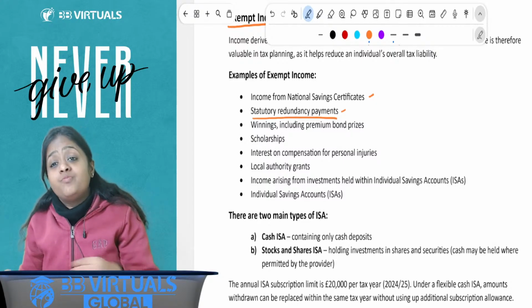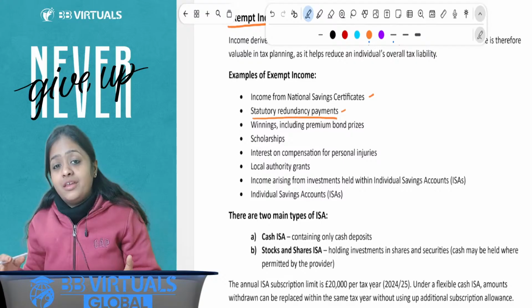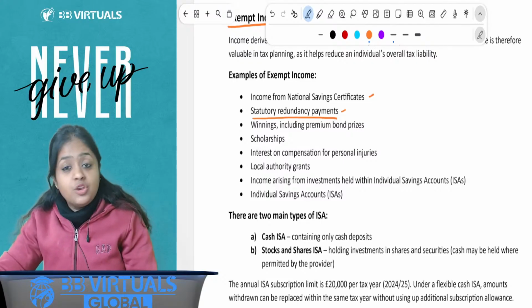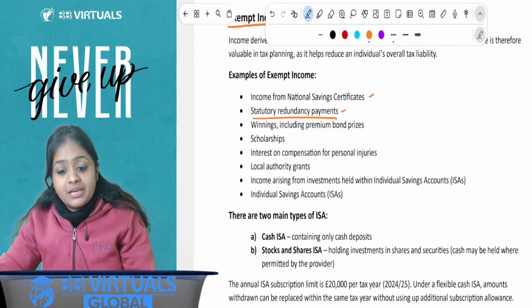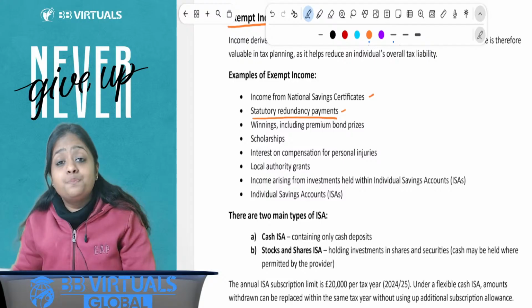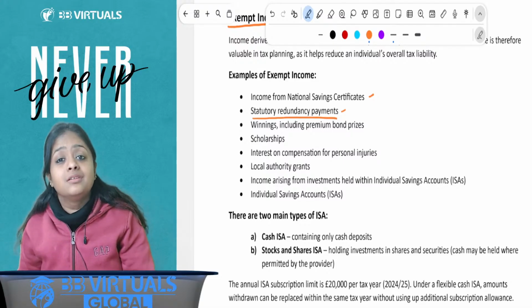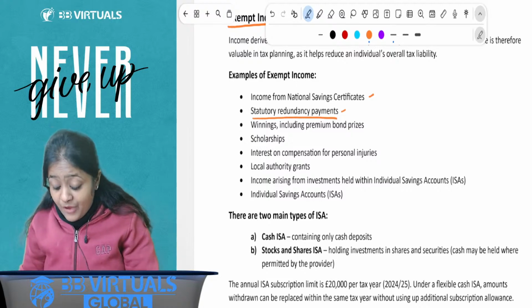So when there is instant firing, the employee should get time and money to search for a new job. So as per the government regulations, this statutory redundancy amount is paid to the employees. And statutory means this is the minimum amount that has to be paid to the employees because now they have become redundant. Redundant means they have been fired.